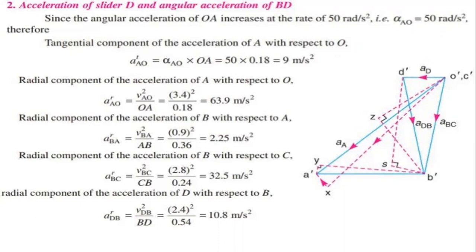So that is the only value we are taking for the tangential component, and the remaining we are taking in the radial component. You can see it in the remaining components also, that is AO, BA, BC and DB.